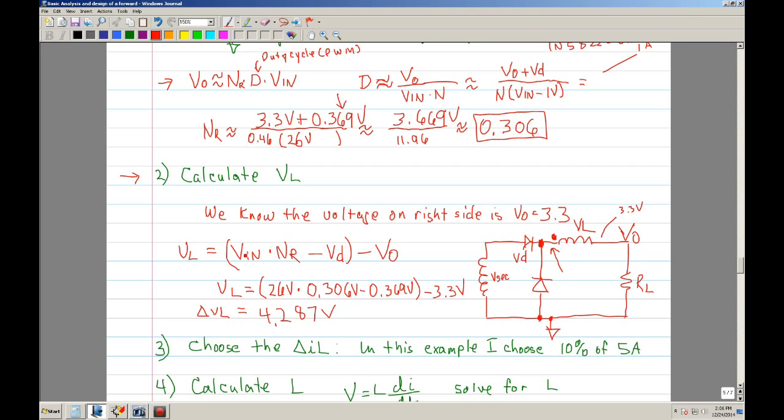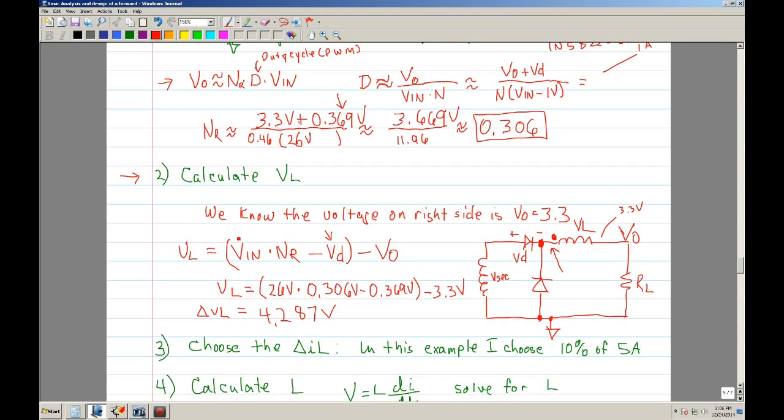It's going to be Vin times the turns ratio, and then we subtract this voltage drop from the forward diode, which is accounted right there.